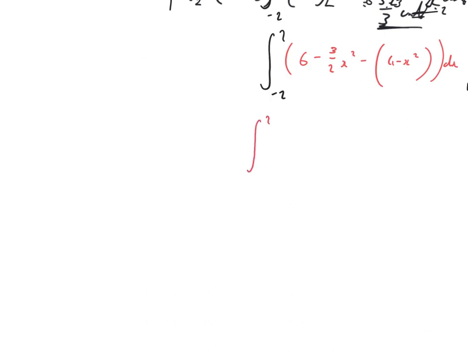Okay, so between 2 and minus 2, 6 minus 3 over 2x squared minus 4 plus x squared. Okay, so let's now collect things together. 6 minus 4 is 2. Minus 3 over 2 x squared plus x squared. Well, minus 3 halves plus 2 halves is minus 1 half, minus a half x squared.